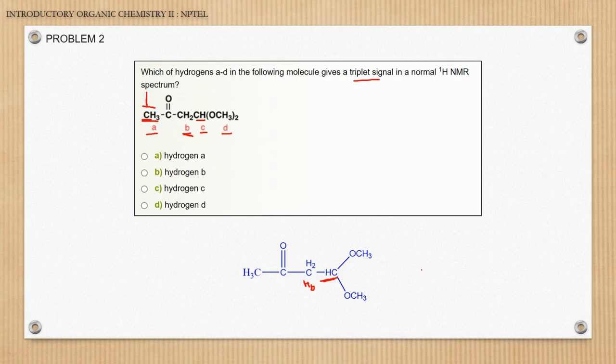Why? Because as we have come across, there is a rule that is 2nI plus 1. For the proton, the I value, the spin quantum number for the magnetic moment, is half.